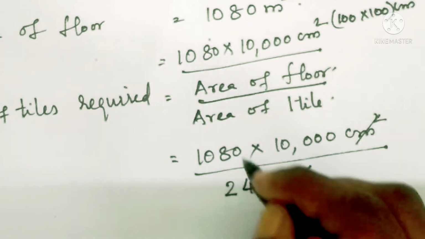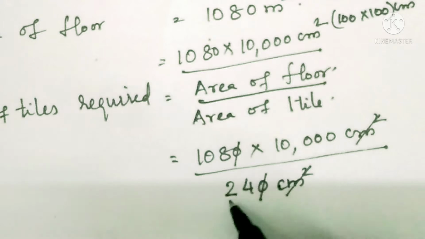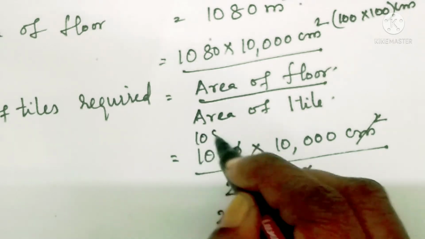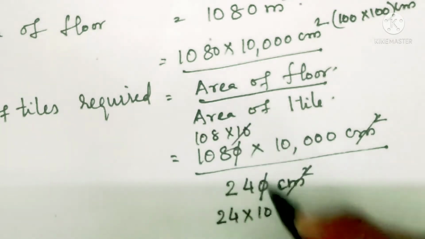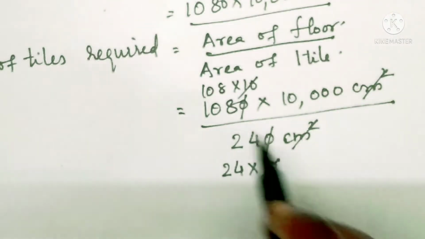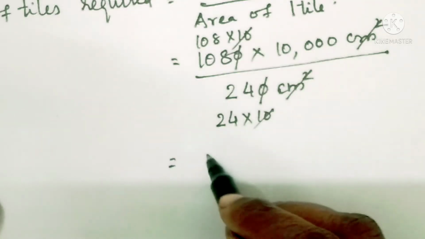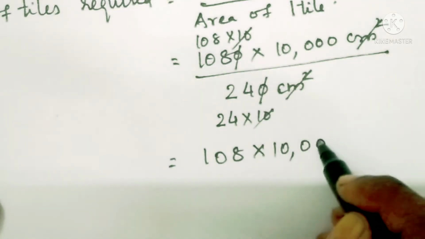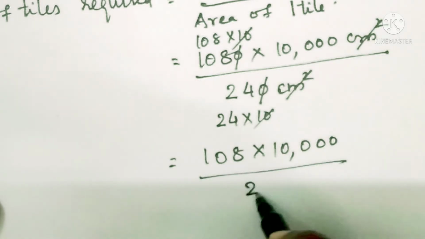Now this 0 got cancelled. How did that 0 get cancelled? This is 24 into 10, and this is 108 into 10. So these two tens got cancelled. So what do you get now? 108 into 10,000 upon 24.